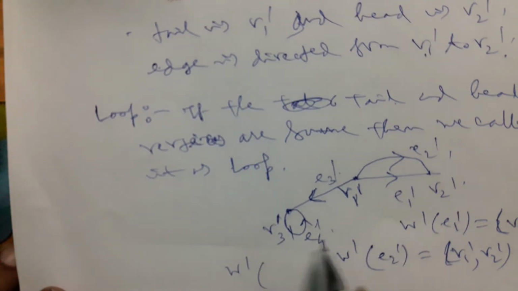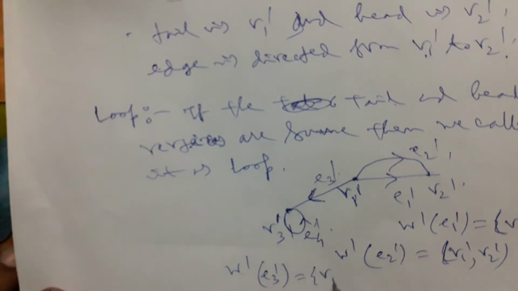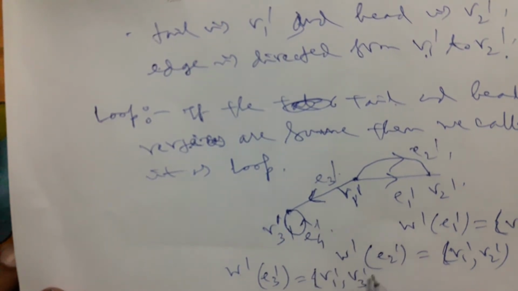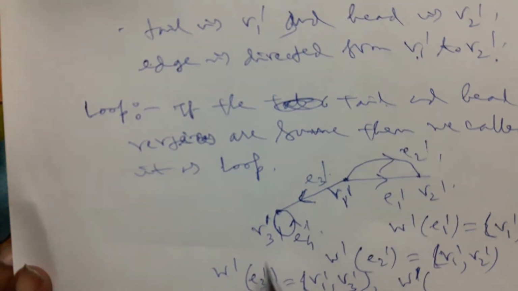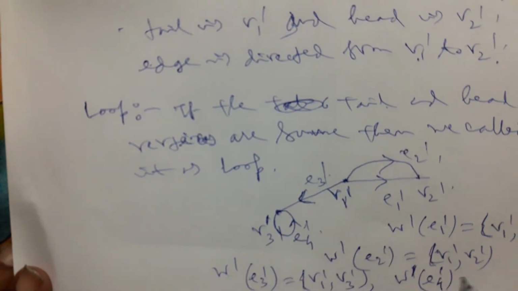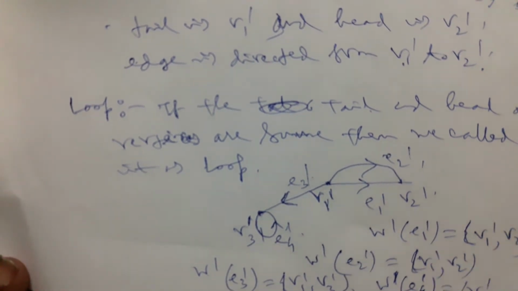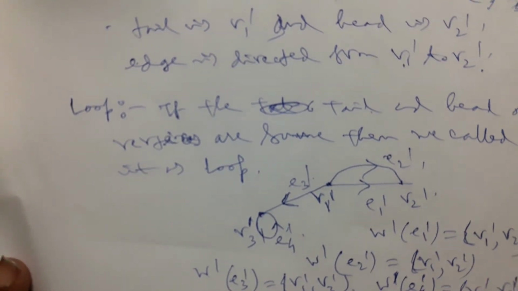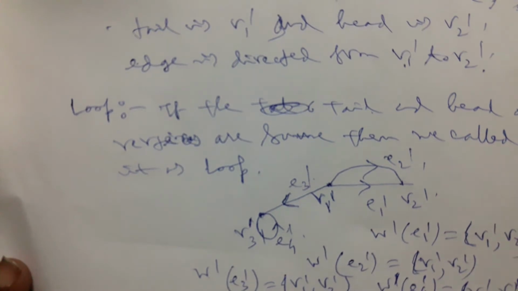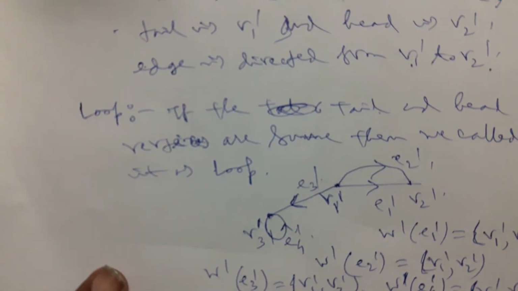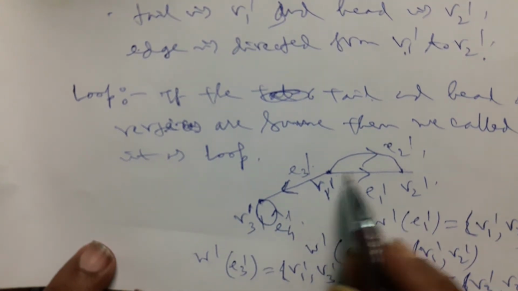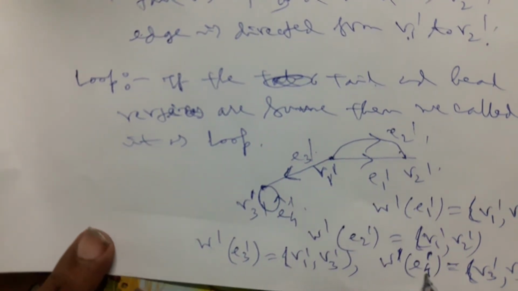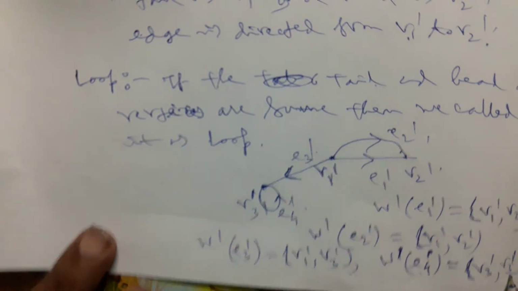Omega dash of e3 dash is V1 dash and V3 dash, and, very important in the case of a loop, omega dash of e4 dash is V3 dash and V3 dash. So in the case of a digraph, both tail and head are the same, so we consider this a loop.